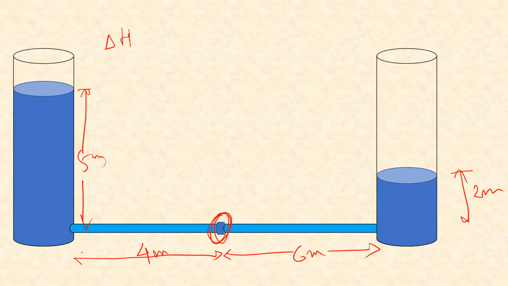let's say delta H is equal to again 5 meter, but now since this joint is there, some more head loss may be possible. That's because let's say you have a pipe like this and another pipe like this.